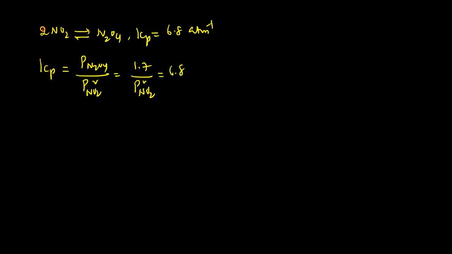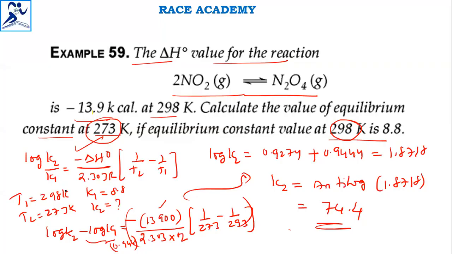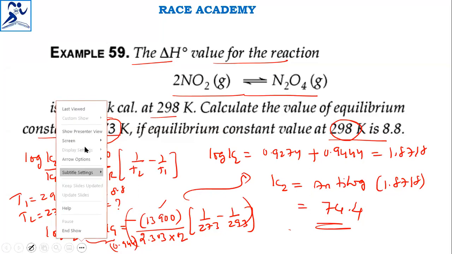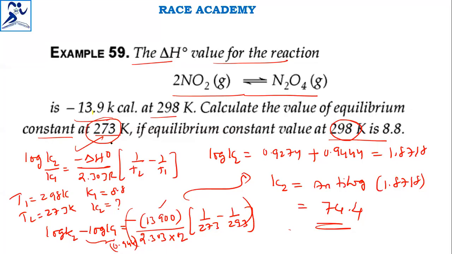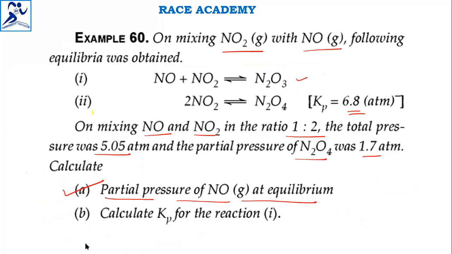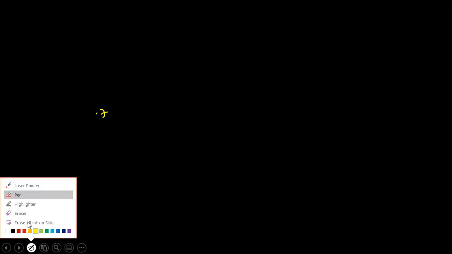So partial pressure of NO2 power 2 is 1.7 by 6.8 atmospheres inverse.